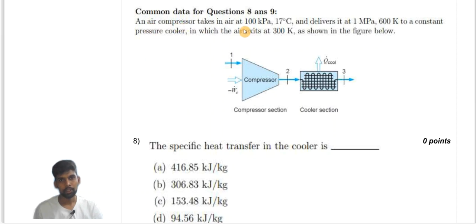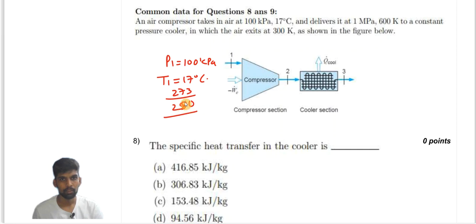An air compressor takes in air at 100 kPa, 17 degrees Celsius, and delivers it at 1 MPa, 600 Kelvin to a constant pressure cooler. Okay, so at state 1, P1 is 100 kPa, T1 is 17 degrees Celsius, that is 290 Kelvin.